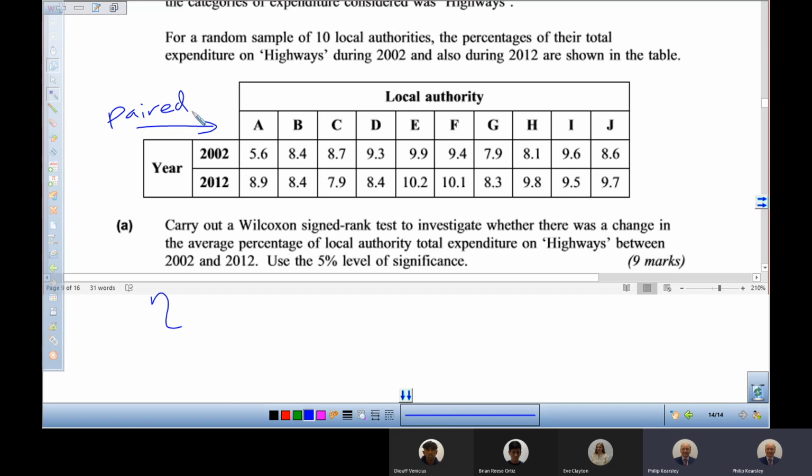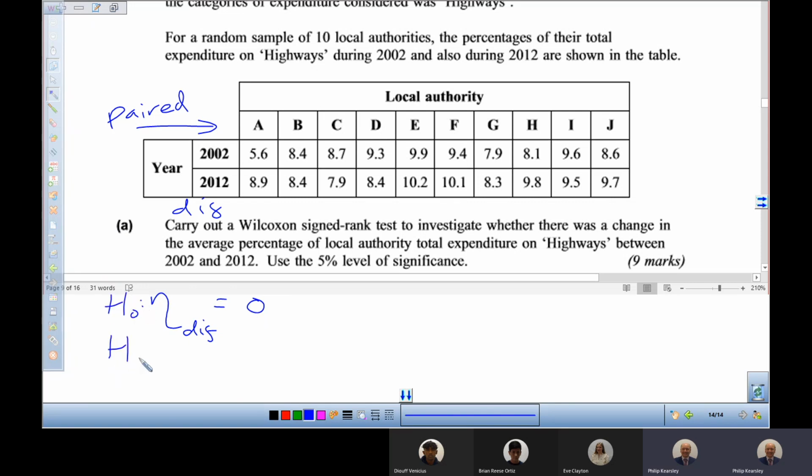And because it's paired, you're going to reduce the differences. And because you're reducing the differences, it will appear in your hypotheses. We've done paired t-test. And in paired t-test, we write mu diff. Same is true for paired medians test. This time, eta diff. No value is mentioned, so we assume that they are the same, therefore there's a difference of nothing.